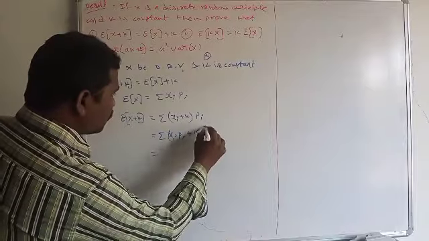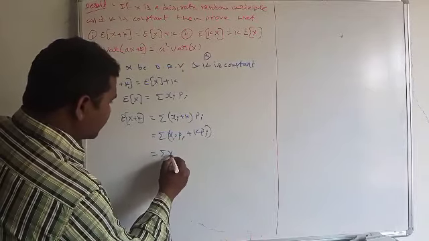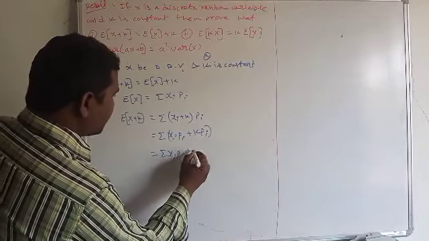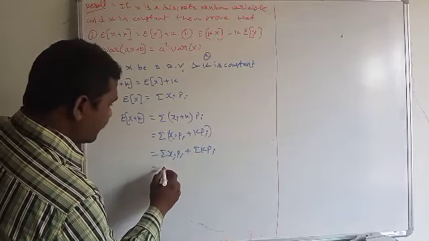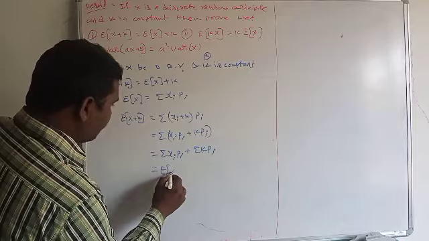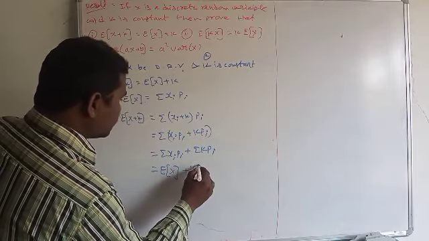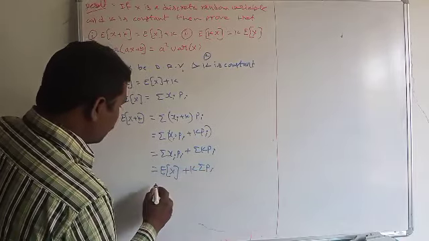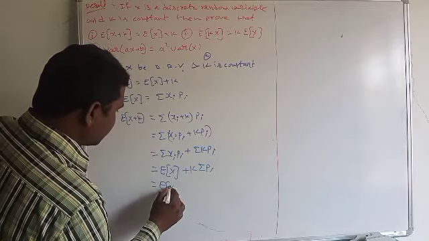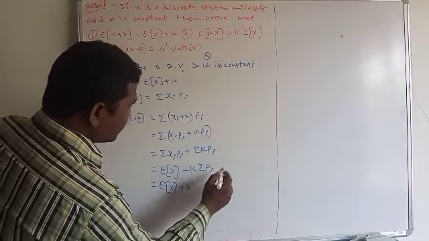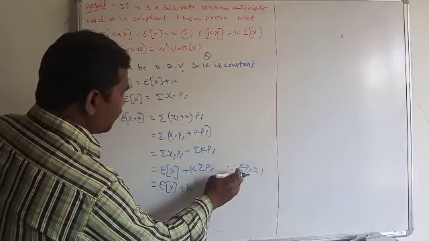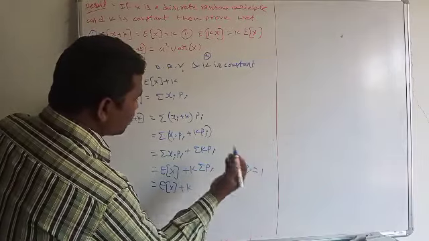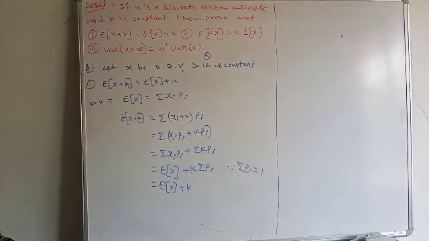If we split this into two summations, we get the summation of xi pi plus the summation of k pi. The summation of xi pi is the expectation of X. Here k is a constant, and the summation of pi is 1, since the sum of all probabilities is equal to 1. So this is the expectation of X plus k. That is the result.